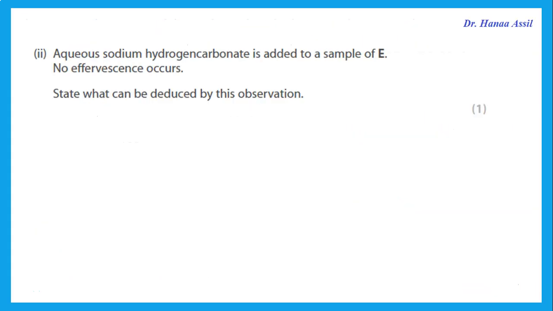Aqueous sodium hydrogen carbonate is added to a sample of that molecule. No effervescence occurs. Remember, we found 2 oxygens. 2 oxygens could mean that it is an acid, or it has acid and something else, or it has an alcohol or 2 alcohols, something like that. But if we test it with sodium hydrogen carbonate and there is no effervescence, that just tells us that it is not a carboxylic acid.